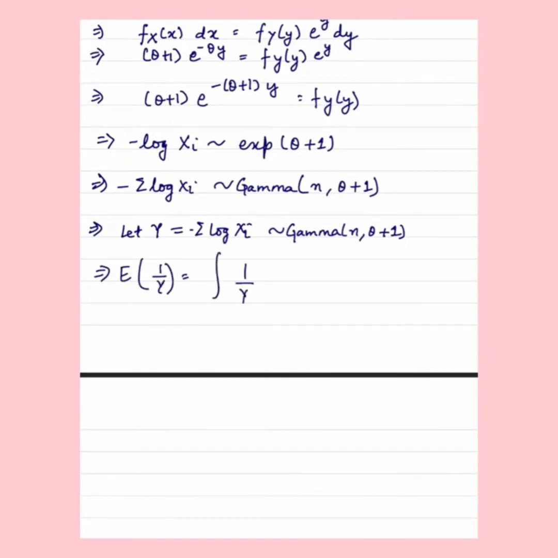Hence, we find the expected value of 1 upon y, where y equals minus summation log xi.